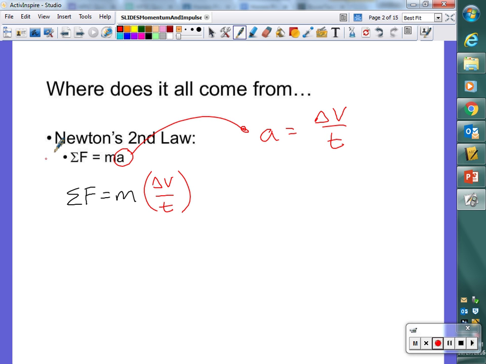And then I'm going to do a little bit of algebra, nothing too difficult, and end up with this. Does that make sense how I got from step 2 to step 3? You can see that? Just multiply both sides by t. And I end up with this expression down at the bottom, which is going to be the basis for our discussion today.